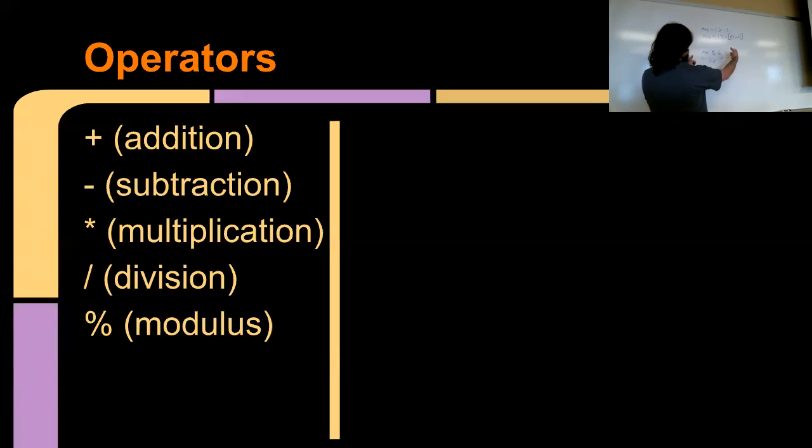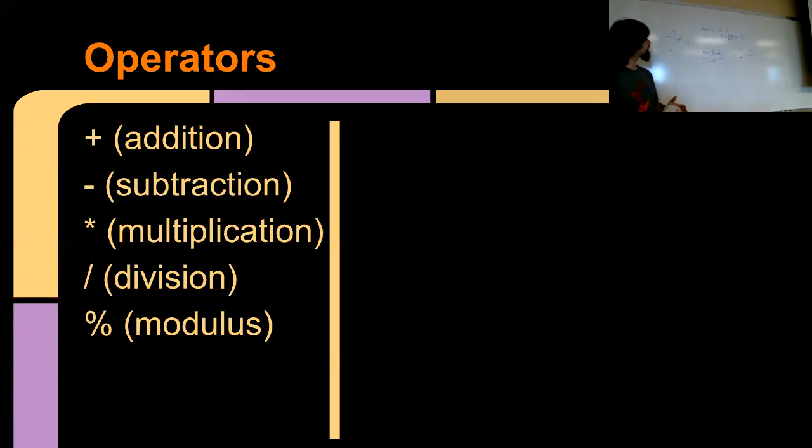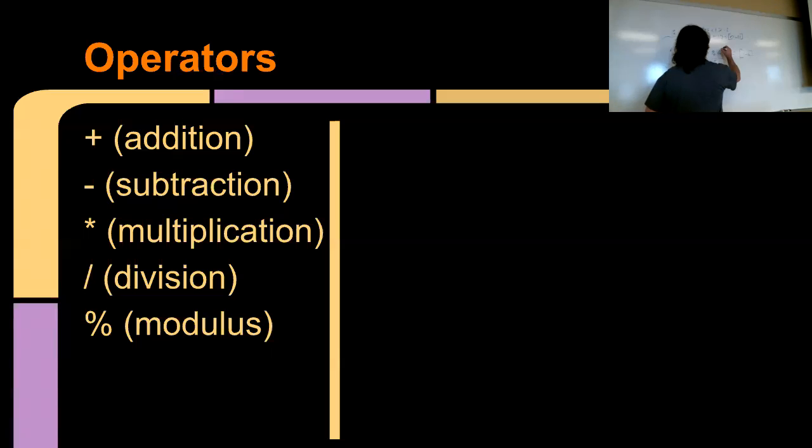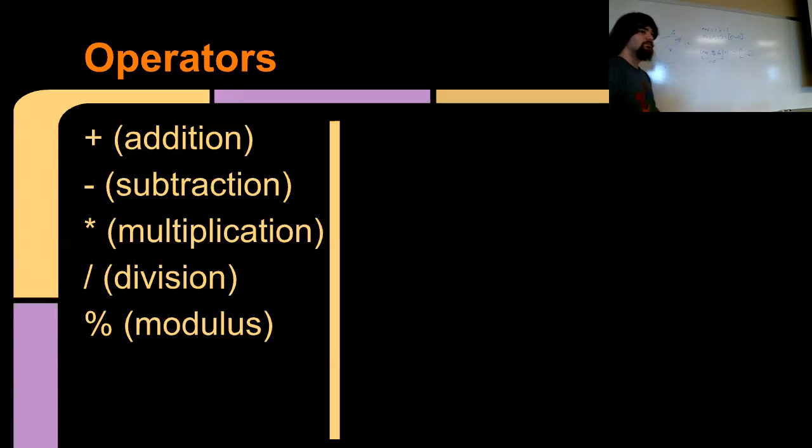What can we do to this to make sure that we get 1 through 6? Exactly, +1. We just add 1 to whatever result we get, and then this is what we're going to get.